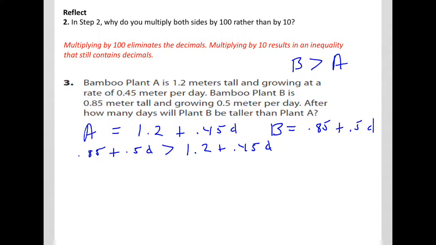I see 0.85, 5 in the hundredths place, and 0.5 in the tenths.